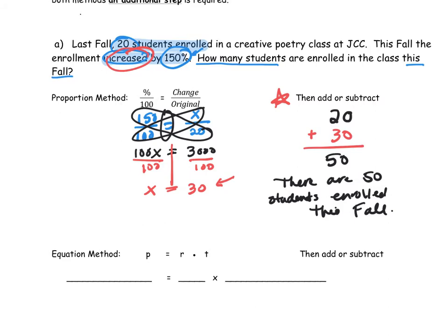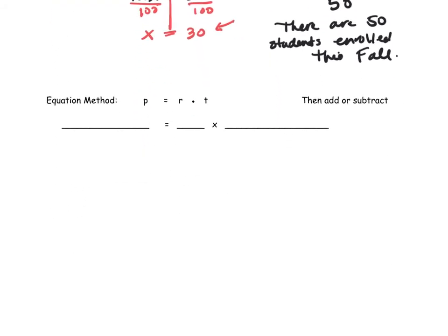So let's see what it would look like if we used an equation. If we use the equation, we're going to have to write that the part is not really the part, it's actually the change that we're looking at. And the R is a percent as usual. And the total this time we're going to refer to as the original amount that they give us. So in this case, the part that we're looking for is the change from this year to last year. The percent is 150%, and I'm multiplying it times the original amount, which was 20 students last fall.